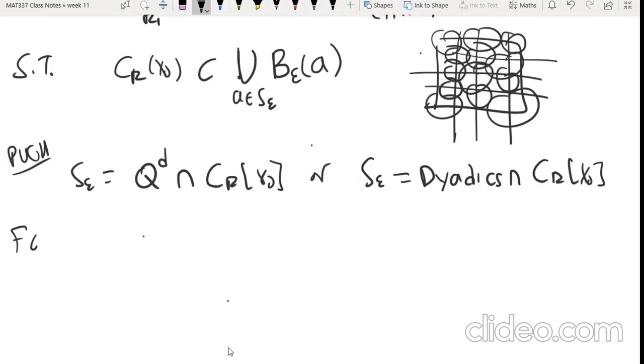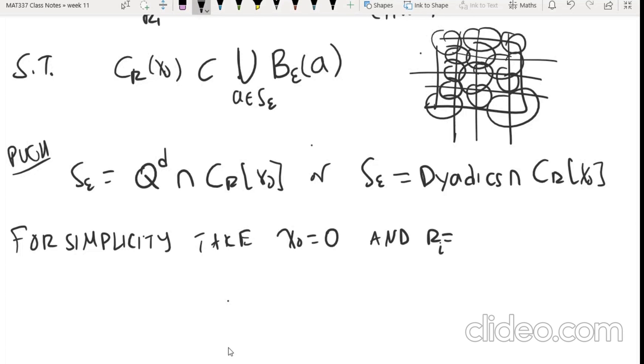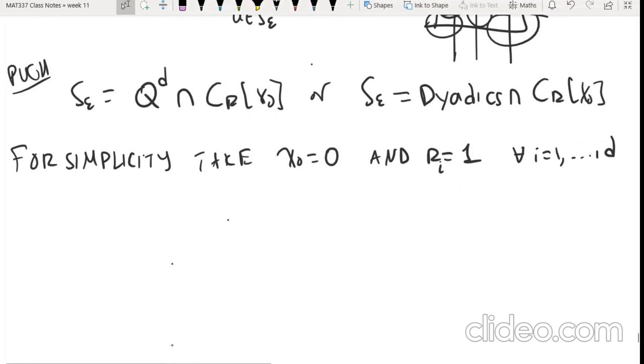For simplicity, even though it doesn't matter, take X naught to be 0, the origin, and take all R to be 1, just to make it a little bit cleaner. Let me make it 2.